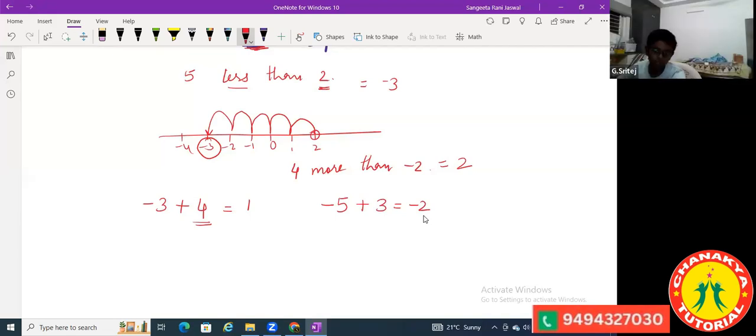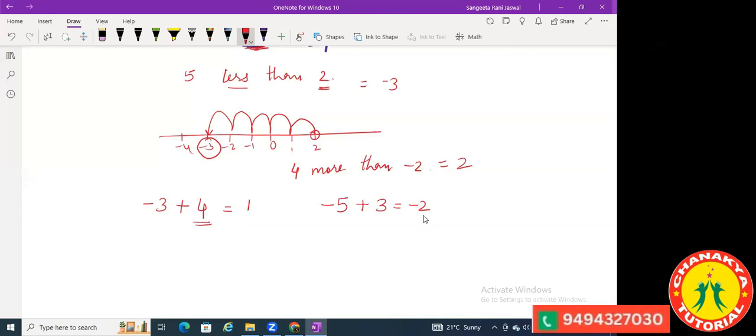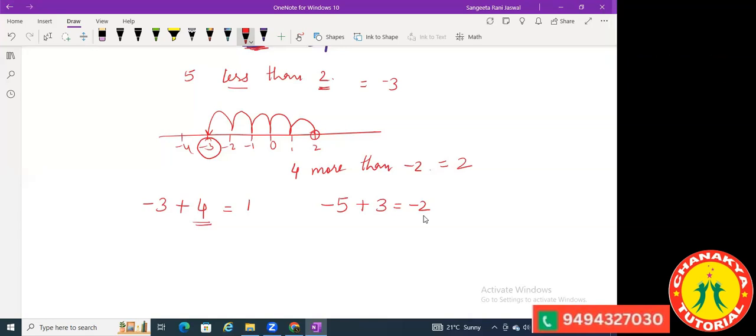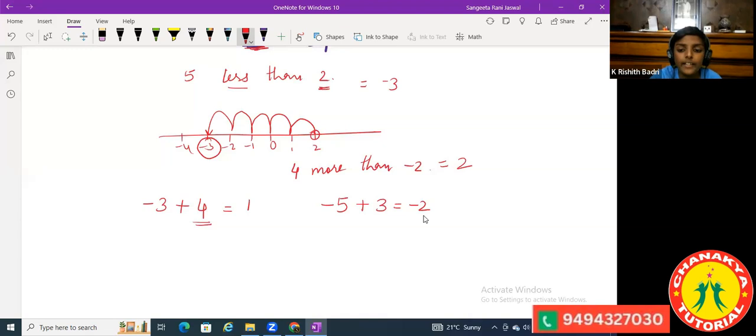Ma'am, I'm doing in the number line. No matter, even if you know this, you have done this chapter in your class. But still, sometimes the question comes of number line also. Ma'am, in class I will say directly, but in exam I'll do it on a number line only.